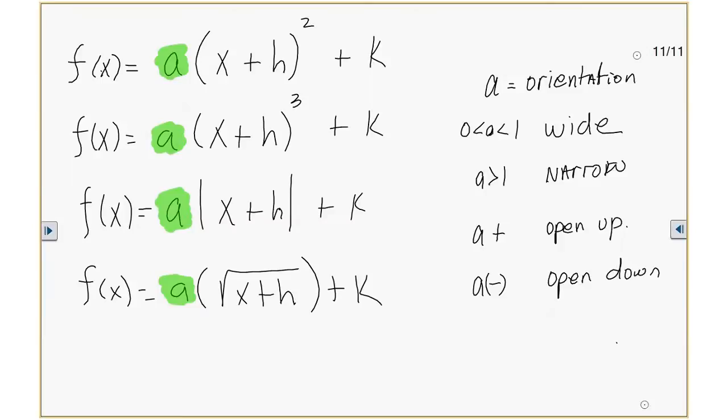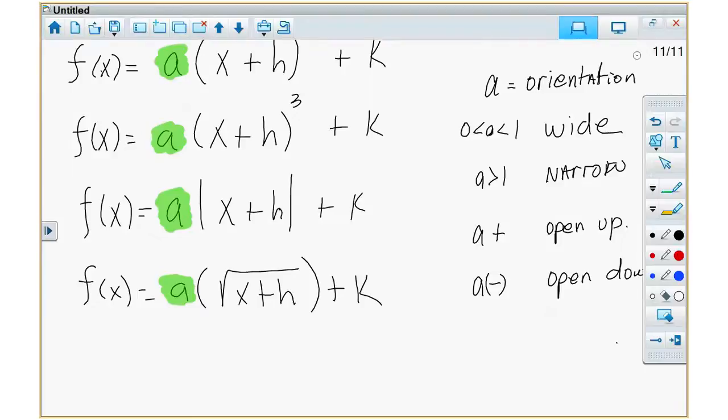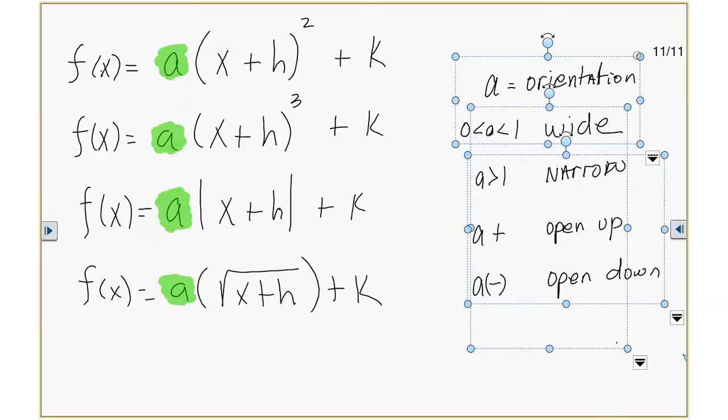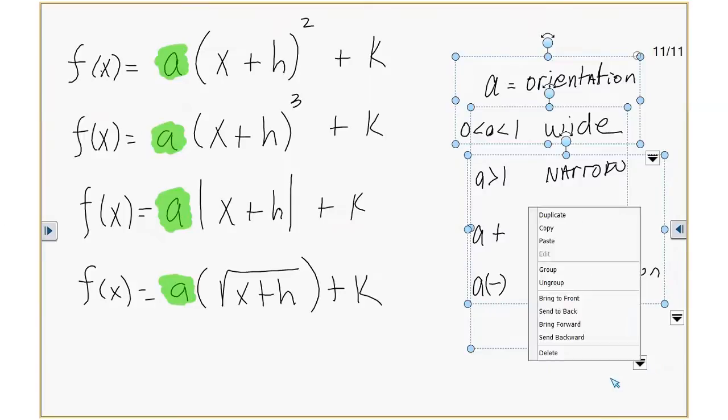And that's all from that first number in front of the parentheses, or in front of the absolute values, or in front of the square root symbol. Whatever number's out there is going to tell you this stuff right here. Capiche? And I promise you it'll make a whole lot of sense when I get through with presenting everything and we start doing problems.